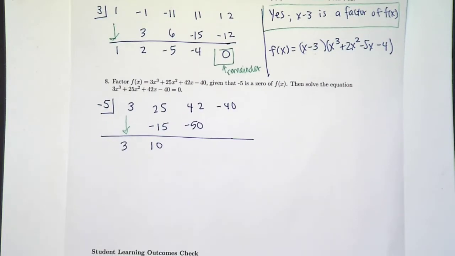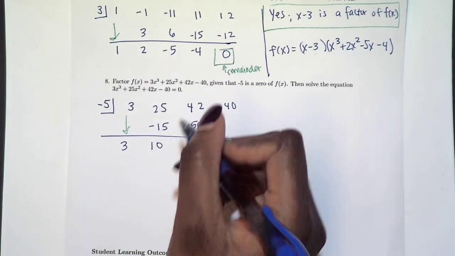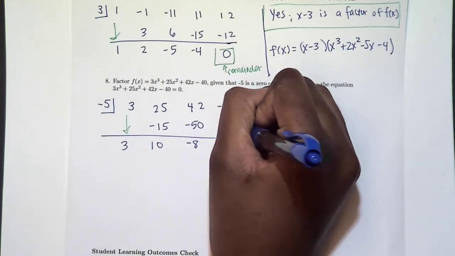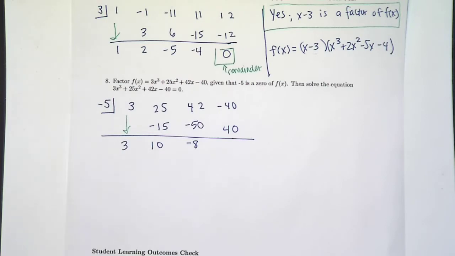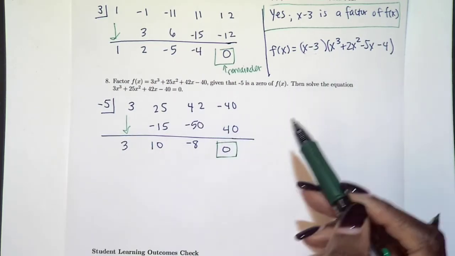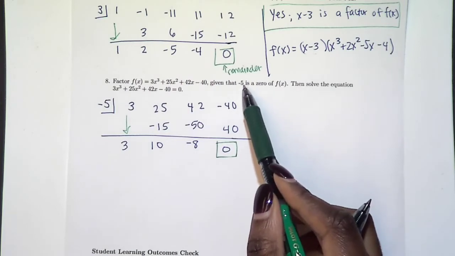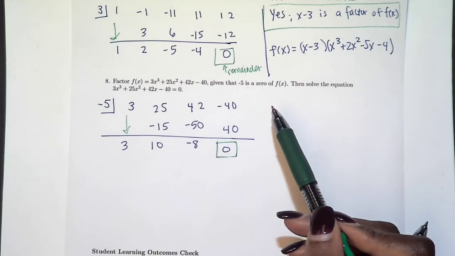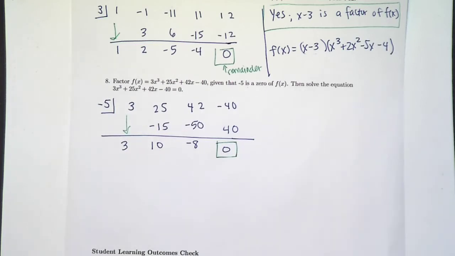Then we add 42 and -50, which gives -8. -5 times -8 is 40. And of course, we expected to get 0 as our remainder because we already knew that -5 was a 0. So that tells us that f of -5 equals 0.